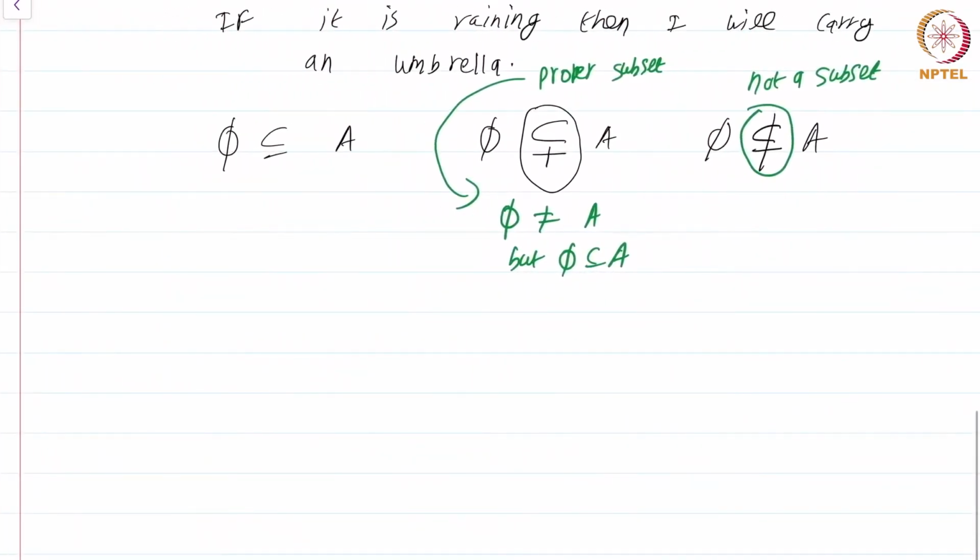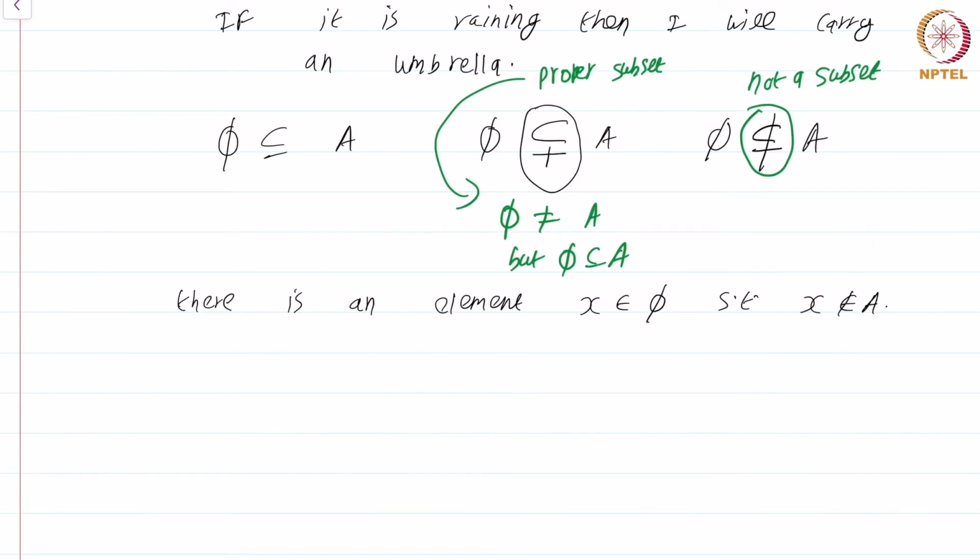Now we can, using the meaning of if then, try and prove when phi will be a subset of every set A. If you look at the definition of if then, the only possibility is there is an element x in phi such that x is not an element of A. Only under this scenario will phi fail to be a subset of A. But there is no element x in the empty set.